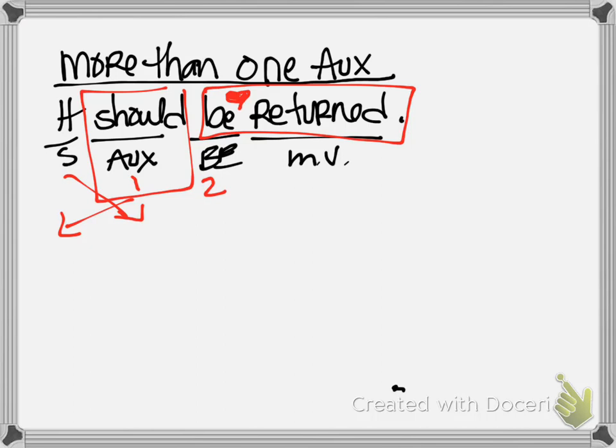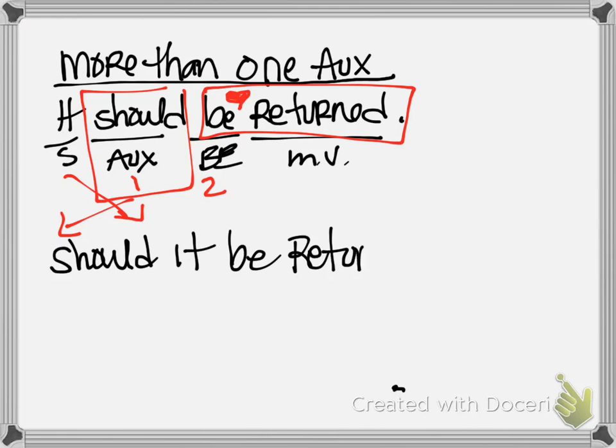So your answer will look like this: should it be returned, right? So again, this comes straight down and it stays together. Should comes out to the front and it comes next.